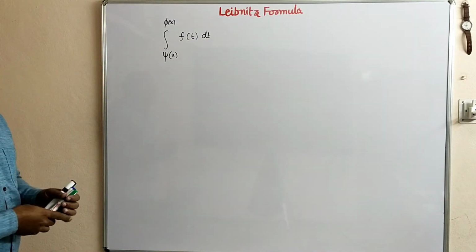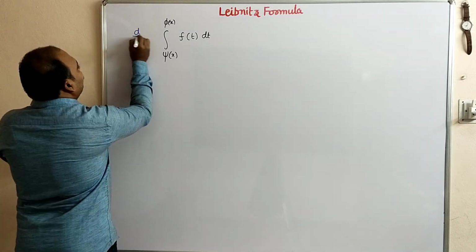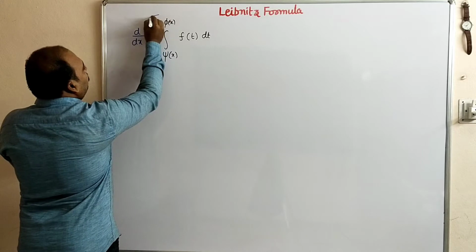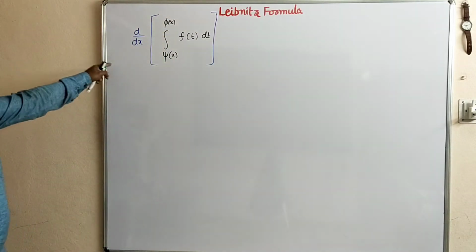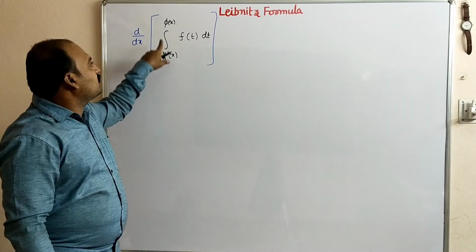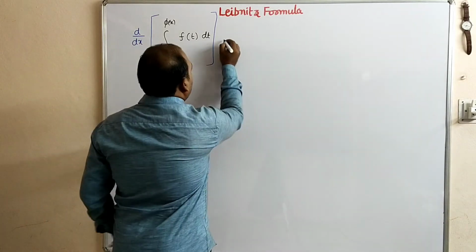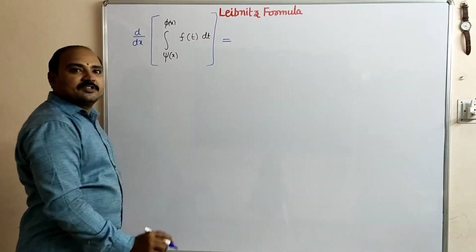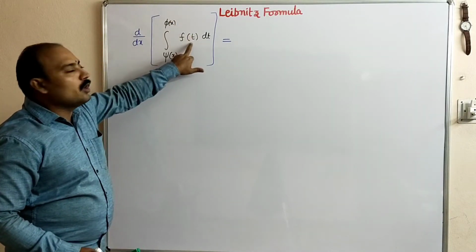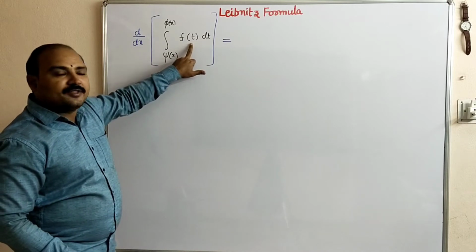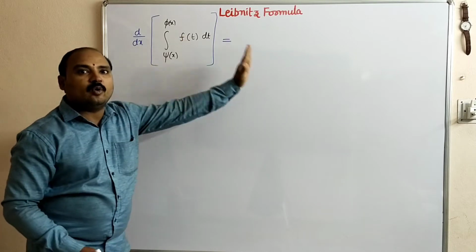This type of function, how to differentiate it? d by dx of integral psi of x to phi of x f of t dt is equal to: first, in place of t, you have to substitute the upper limit, that means the upper function, and then whatever function you substitute in place of t, its derivative you have to write as a multiple.